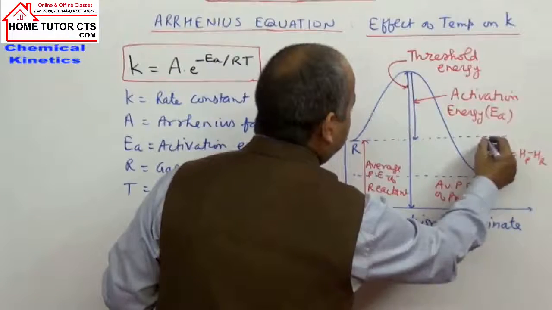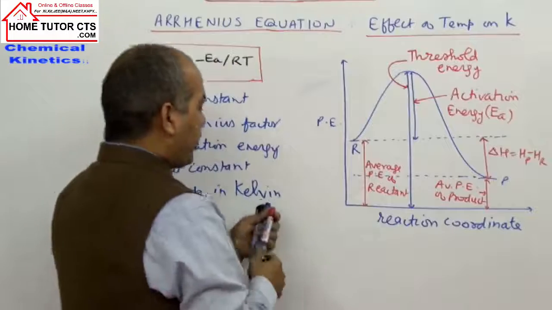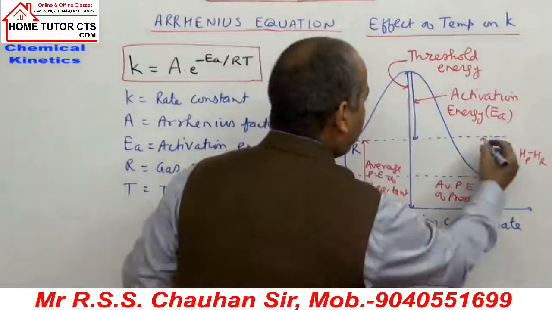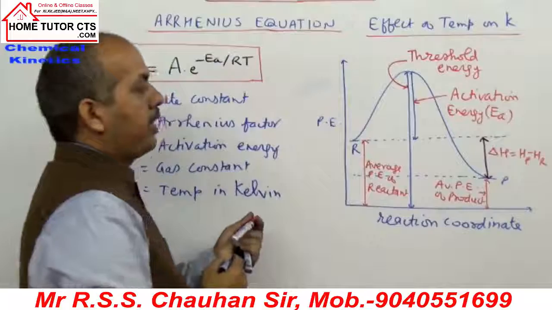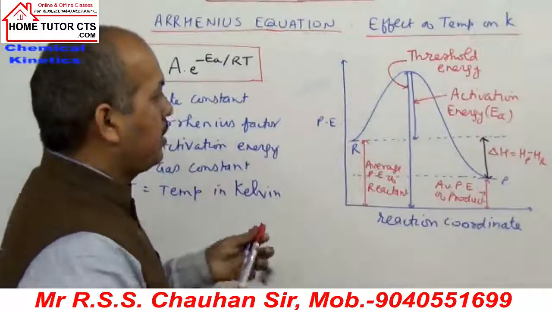Up to here, it is the heat of reaction. It is delta H, the enthalpy of reaction. It is the enthalpy of products minus reactants.